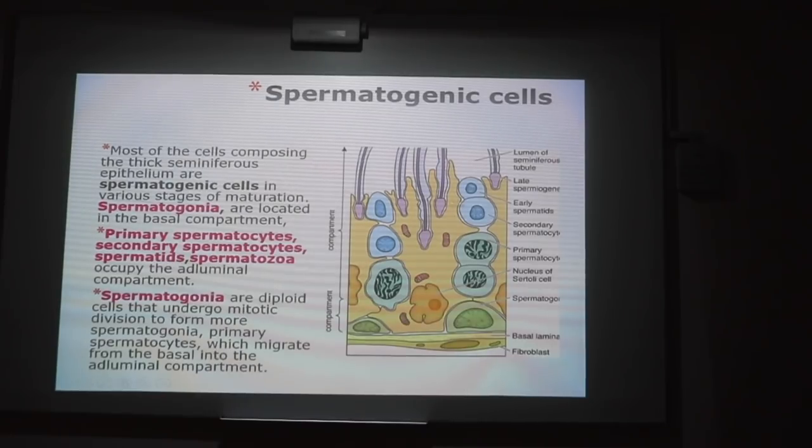But the secondary spermatocytes and the spermatids, which divide by meiosis, and you know that within meiosis there is crossing over also, have proteins that are different from the rest of your body. So if they get exposed to the blood vessels and the immune cells, it will result in an immune reaction against these cells, and the cells would be destroyed.